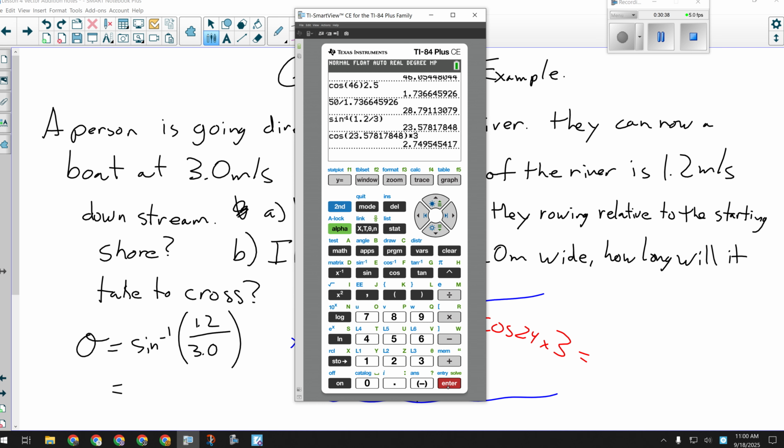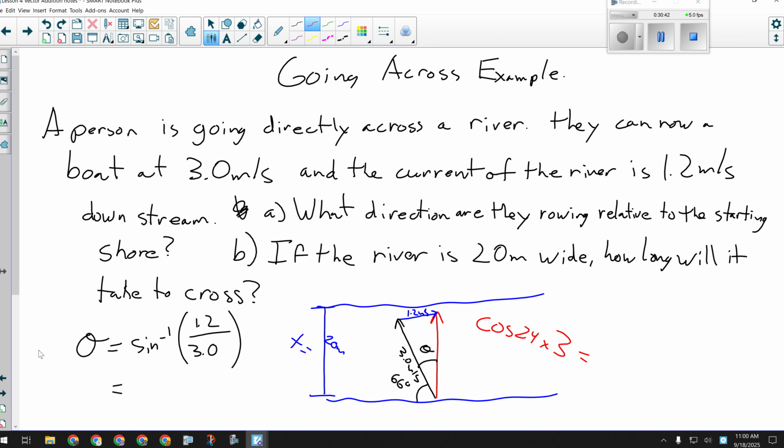They're actually moving across the river at 2.75 meters per second. Now that I know that number and this number, I can calculate time. Time equals d over v: 20 meters divided by 2.75 meters per second.